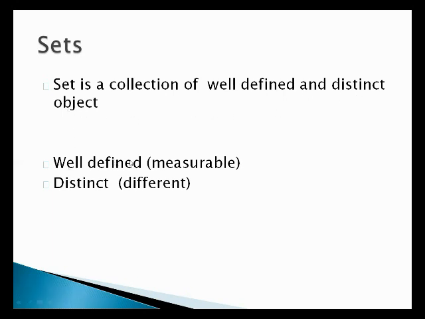Well-defined means measurable, that is, for the set we can easily describe what type of set we have, what the elements are, what the name of the set is. So it means it can be measured. Distinct means different, meaning we can develop many sets which are different from each other according to their properties.